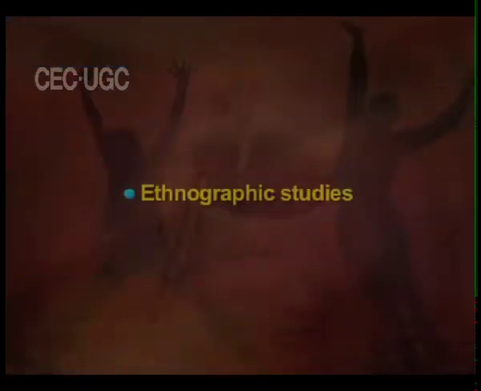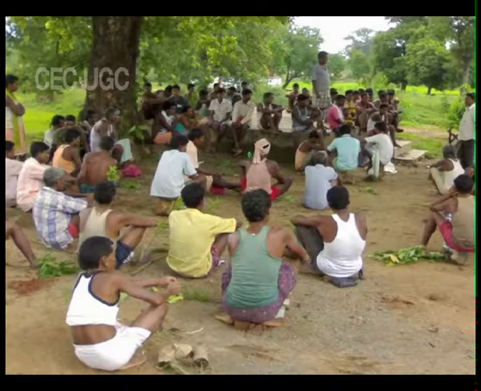The second type of research design is ethnographic study. An ethnographic study seeks to describe the pattern of relationships, customs, beliefs, and traditions that make up a society's way of life. An example may be the exploration of how tribal communities build a society and develop their culture in remote forest areas.